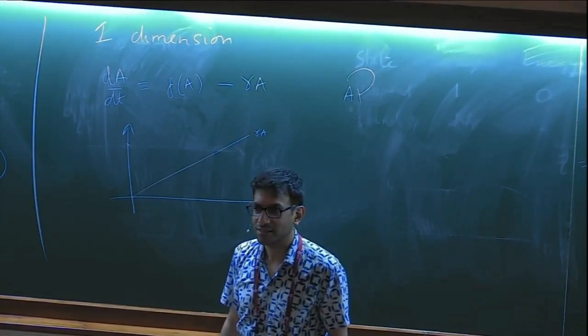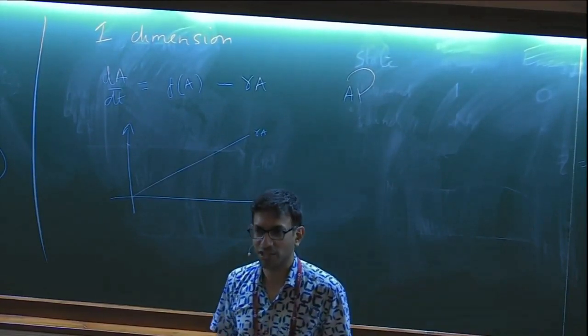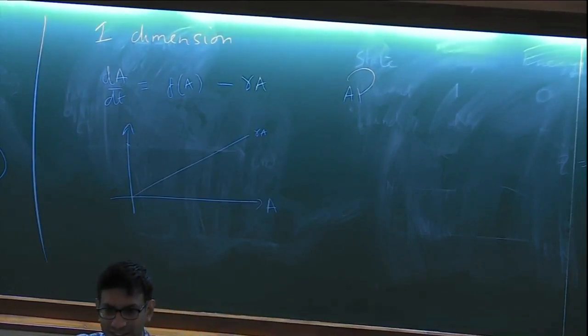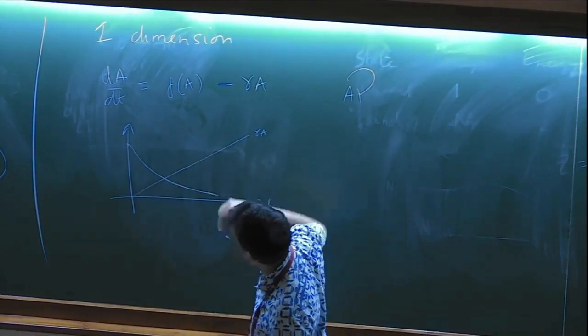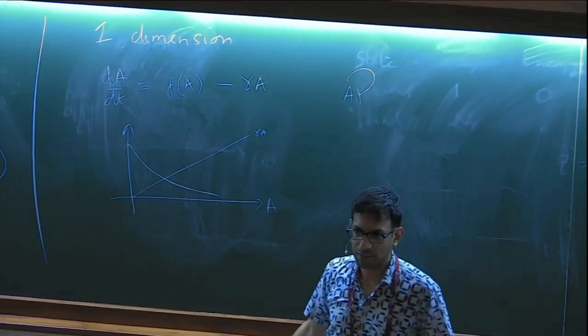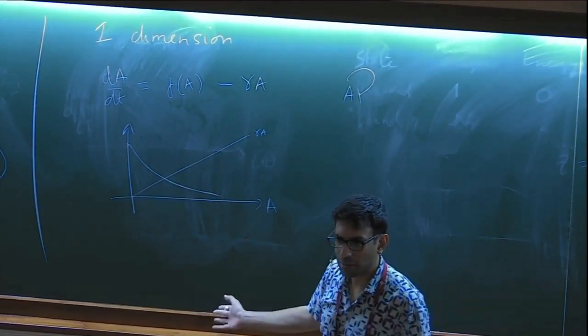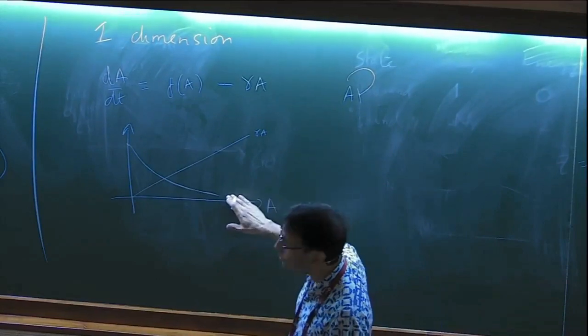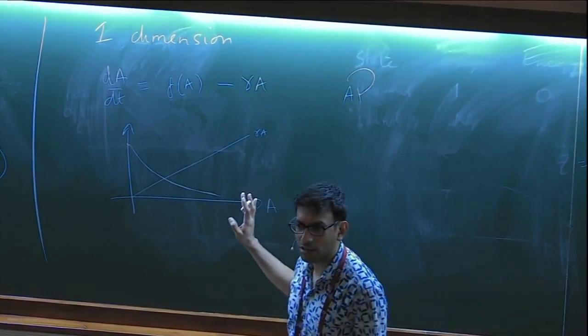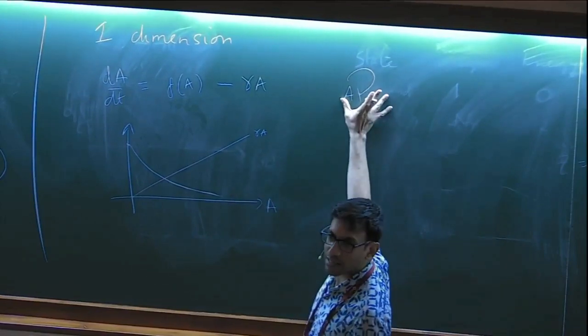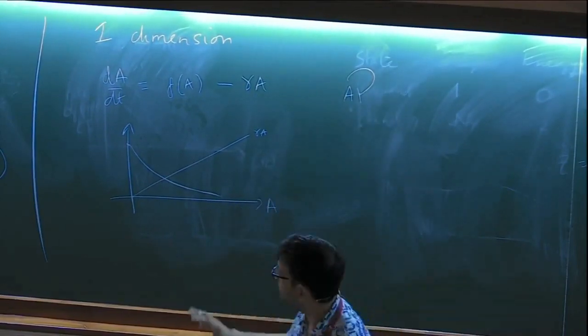Yes? Somebody is gesturing at least. It will go down. Let's say it goes down like that. That's possible. Maybe there is a particular molecular mechanism that gives you a particular mathematical shape, but let's not worry about that. Anything that goes down could represent a self-inhibiting protein.